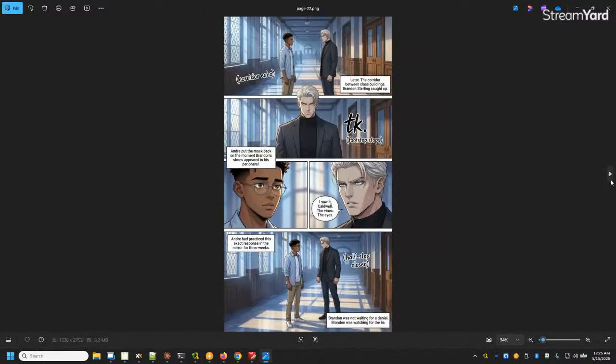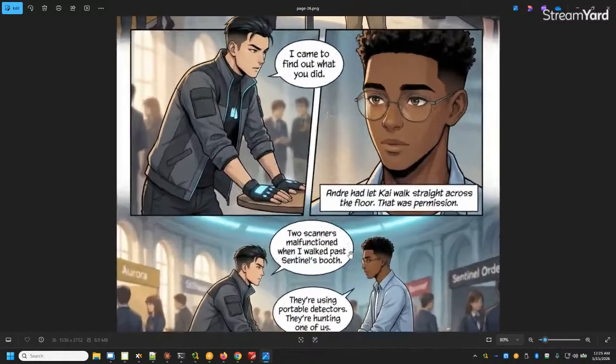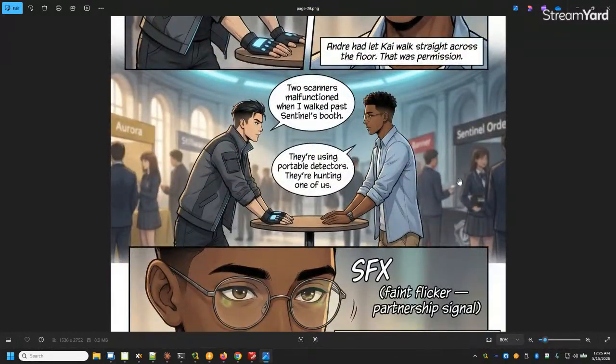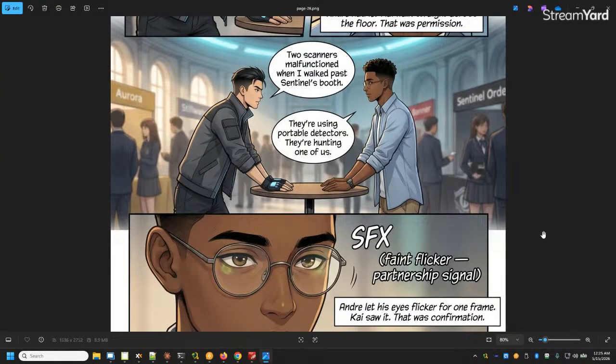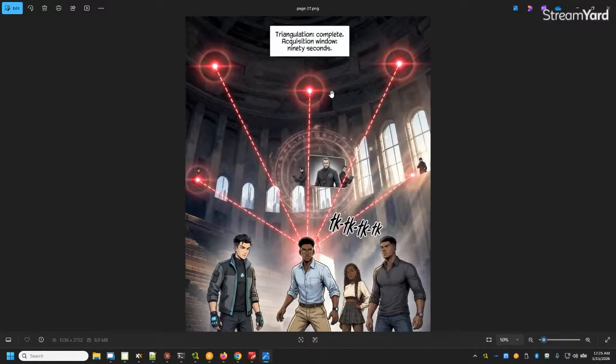Maybe anomaly signatures. I don't know. "Two scanners malfunction when I walk past Sentinel's booth. They're using portable detectors. They're hunting one of us." Faint flicker, partnership signal. "Triangulation complete. Acquisition window 90 seconds."